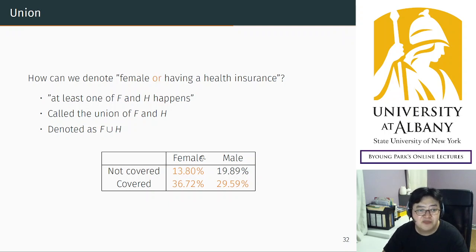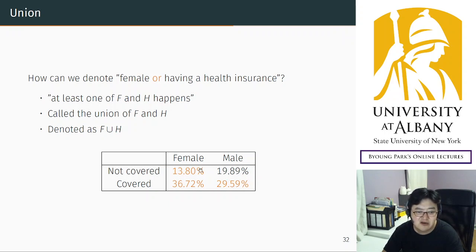In this case, when you connect the events by or, any individual who is female satisfies this condition, and anyone who is covered by an insurance is also included in this event. So female covers these two outcomes and covered health insurance covers these two outcomes.